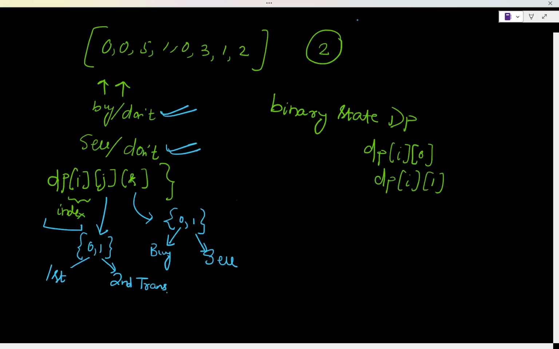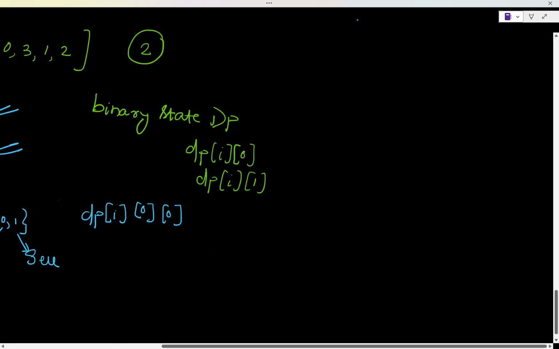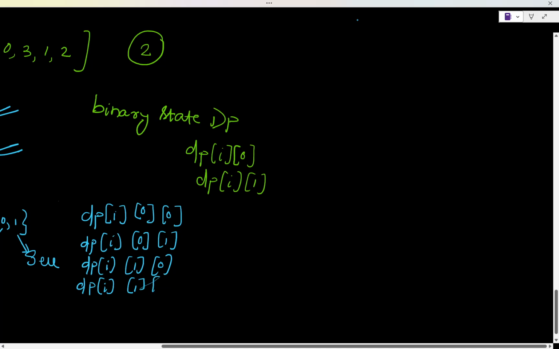Now, how do I build a relation out of this? For any particular state, something like dp of I, 0, 0, for any index I'll have 4 states: dp of I 0 0, dp of I 0 1, dp of I 1 0, and dp of I 1 1.